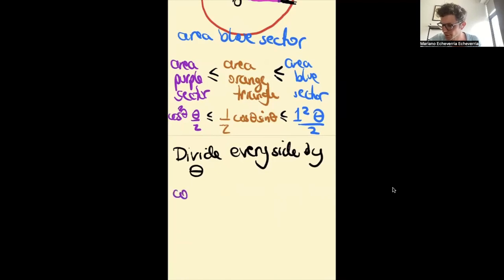It becomes cosine squared of theta over 2 less or equal to cosine of theta sine of theta over 2 theta. And this one is less or equal than, if you divide every side by theta, this other side just becomes 1/2.